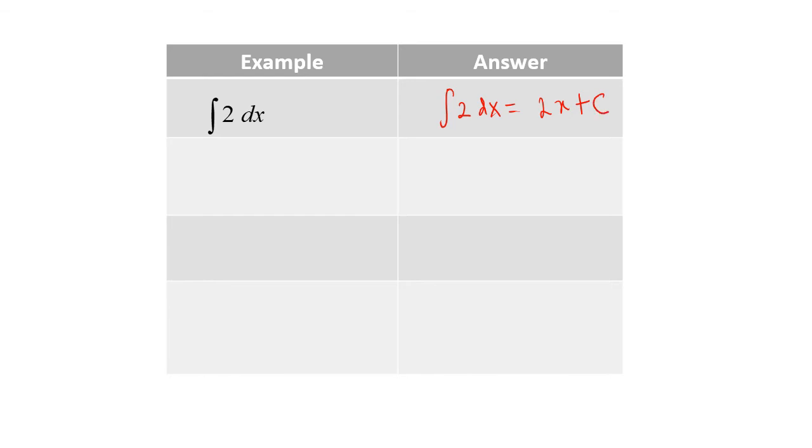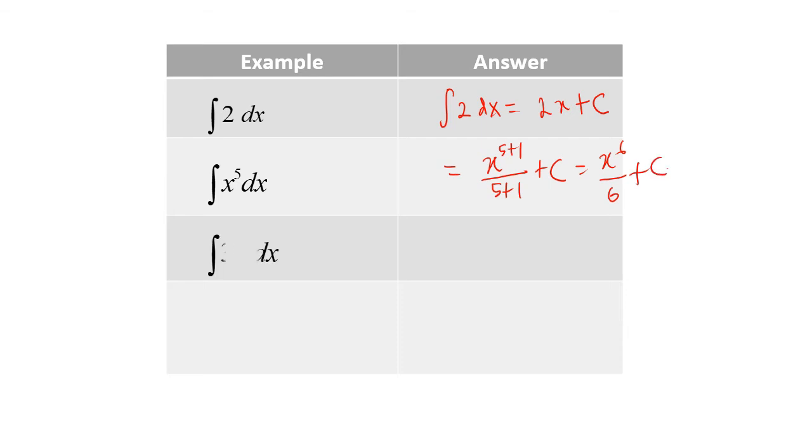Next, for the integration of x to the power of 5 dx, you're going to have x to the power of 5 plus 1 over 5 plus 1 plus c, and simplified, it will be x to the power of 6 over 6 plus c.